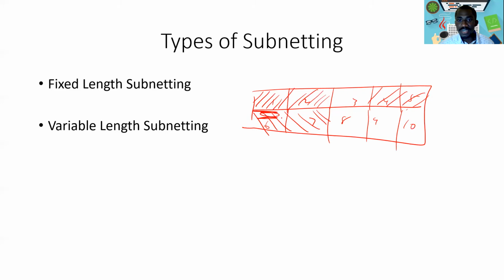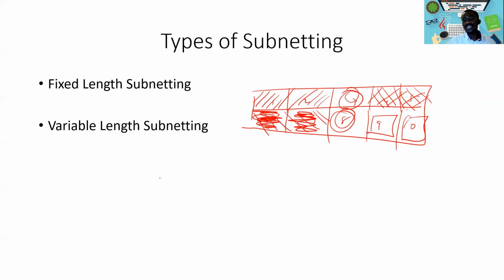So basically what we're doing here is this one and this one is 1. This one and this one is another one, or maybe we could do this one and this one is 1, this one and this one is 1, and then this one and this one is 1.